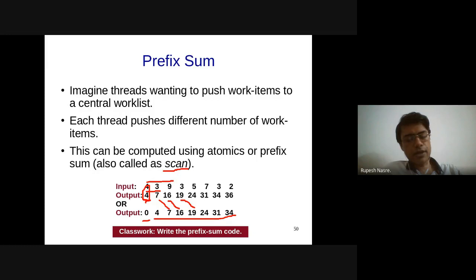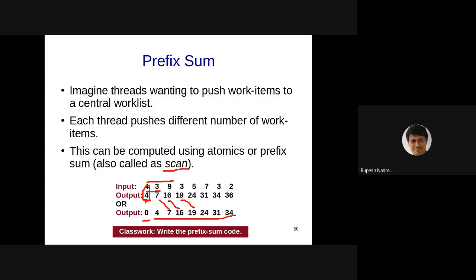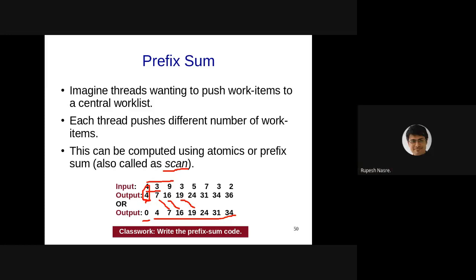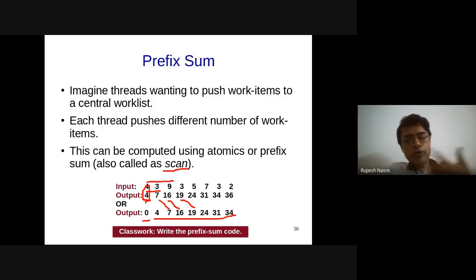You can also do it atomically if you want to use multiple threads, right? There is a little bit of an issue there when you do it using atomics. So in case you want to try with atomics, that is also okay. But otherwise, you can think about how you will model this as a hierarchical computation.